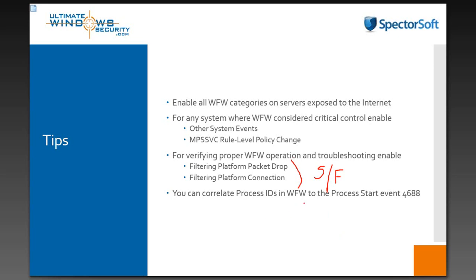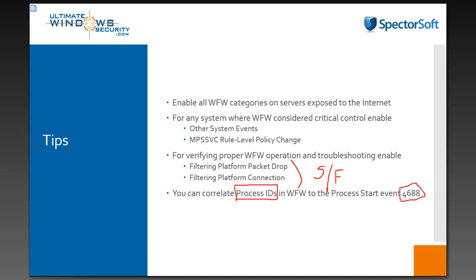Oh, and one other thing. Some of the events in Windows Firewall give you a process ID. That is when the event is connected to a local program that's running. If you're interested in knowing when that program started, who started it, which parent program started it, you can find all that out by correlating backwards in the security log, looking for event ID 4688.